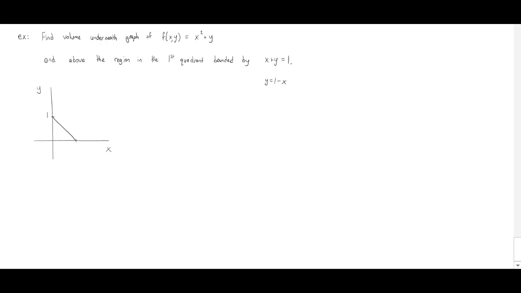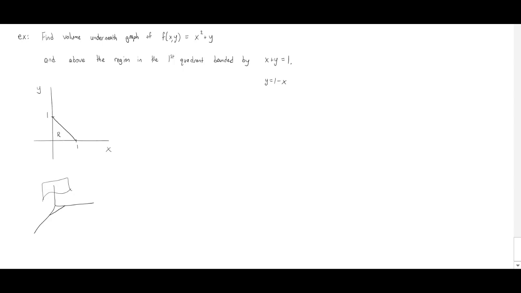Okay, so this triangular region is the region that is being described in the question. So the idea is like, I have this region in the xy plane. My function, its graph is like, somewhere up here. Probably doesn't look like that, but something like that, okay? So it's kind of like finding the volume as we talked about before.